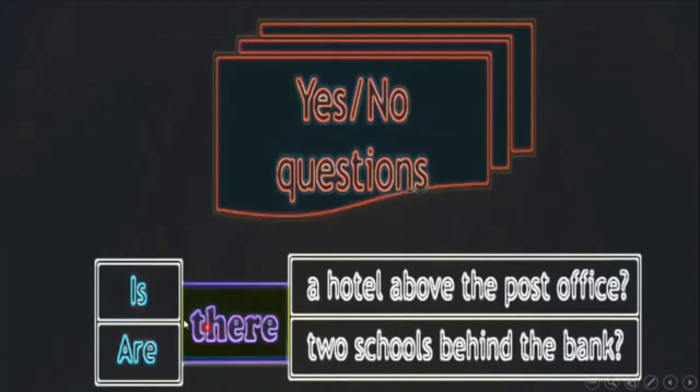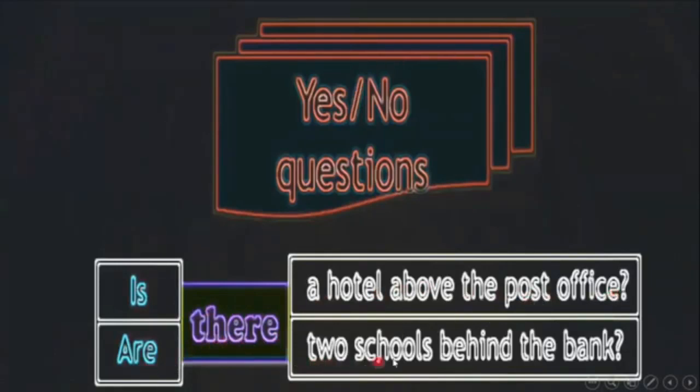Is there a hotel above the post office? Take care here, my students. Also, we say a hotel. This means that also after is there, we use singular noun, اسم مفرد. Is there a hotel above the post office?